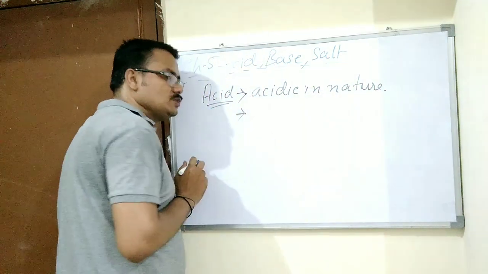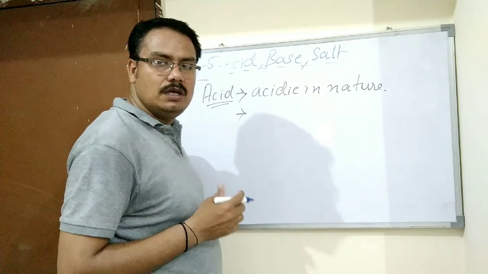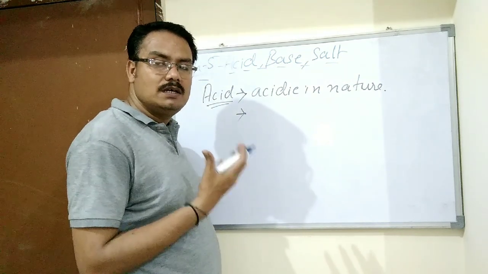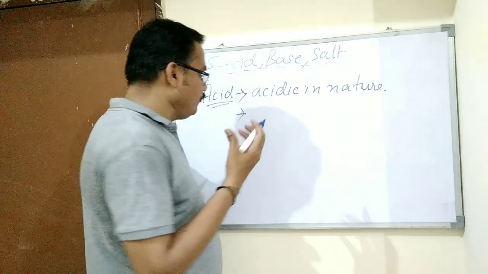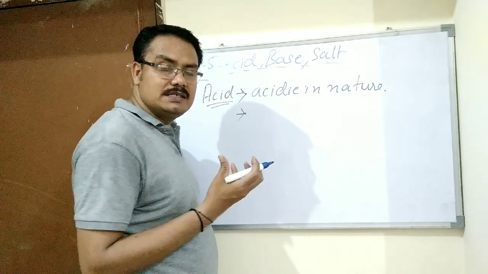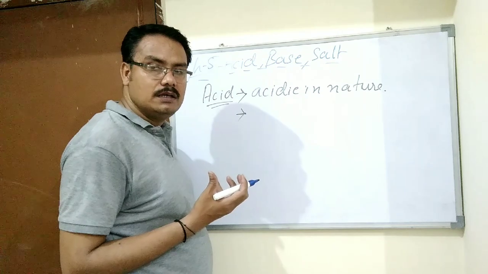And the substances which are acidic in nature are of two types. One is dilute and another is concentrated. Means a few acids are weak acids and a few are strong acids.